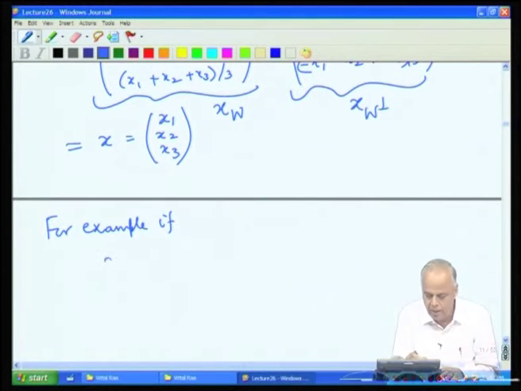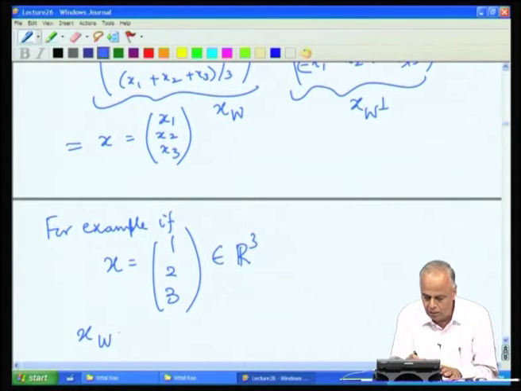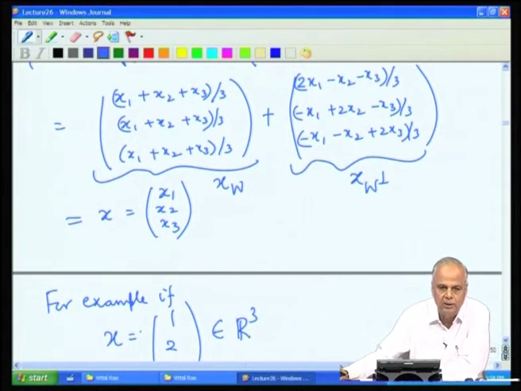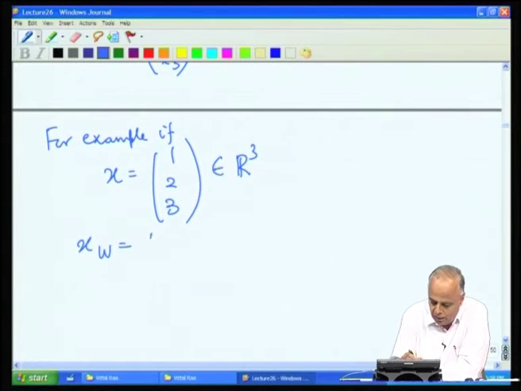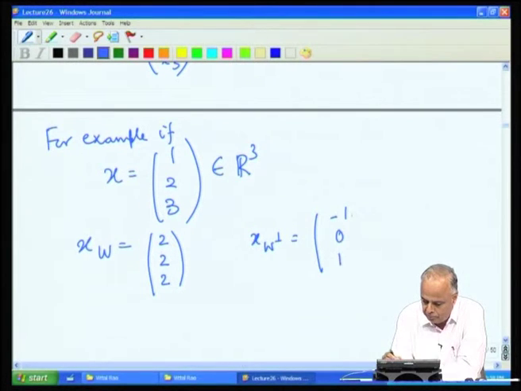if x is equal to 1, 2, 3, a vector in R3, then what is x w? The splitting simply takes the average of the three components and you get (1 plus 2 plus 3) by 3, which is 6 by 3, 6 by 3, 6 by 3, and the x w perp is just minus 1, 0, 1.